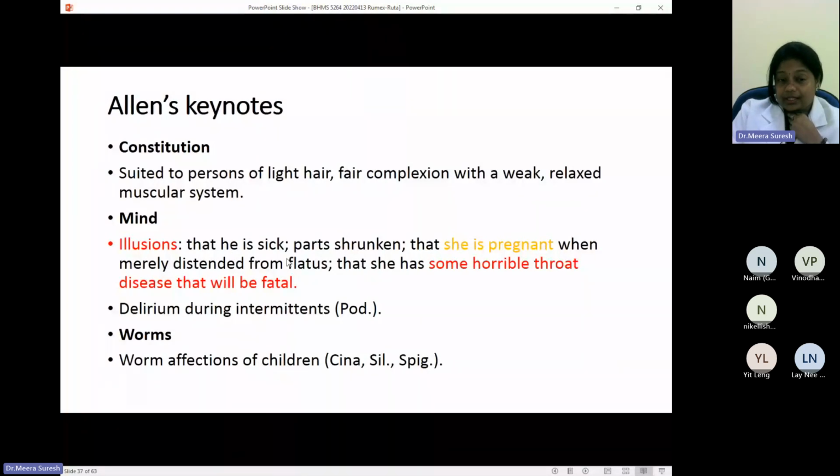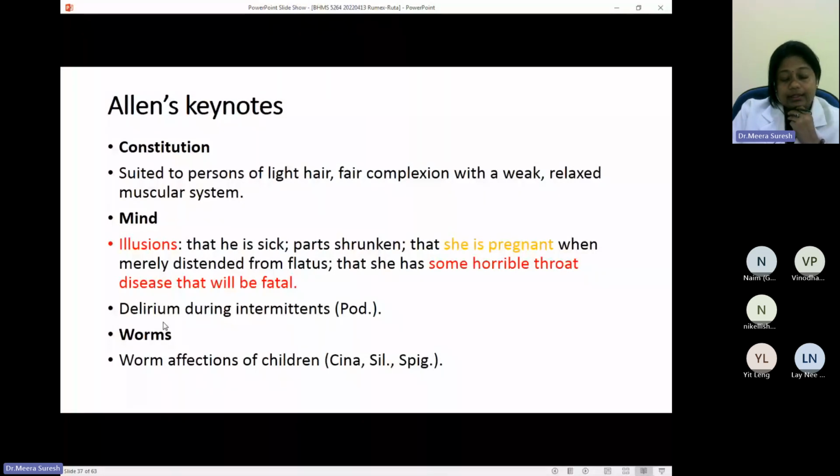So that he is sick, his parts are shrunken, that she is pregnant when she is merely distended from flatus. This is actually pseudocyesis, where the lady feels that she is pregnant. Pseudocyesis is more because the lady intensely wants to be pregnant and is not able to conceive, and then her mind starts thinking that she is pregnant. So that is the pseudocyesis condition.